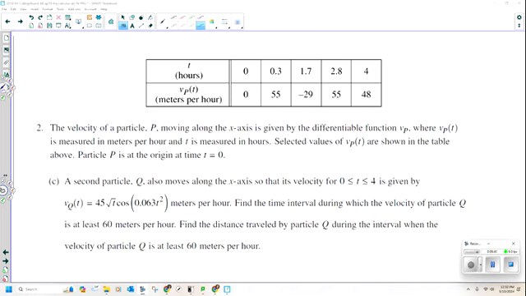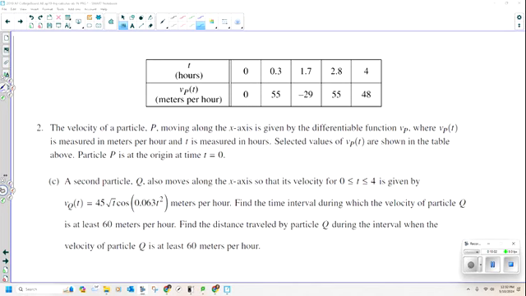Find the time interval in which the velocity of particle Q is at least 60 meters per hour. Then we got to find the distance traveled by particle Q during that interval where the velocity of particle Q is at least 60 meters per hour.